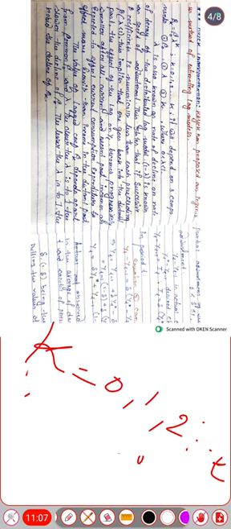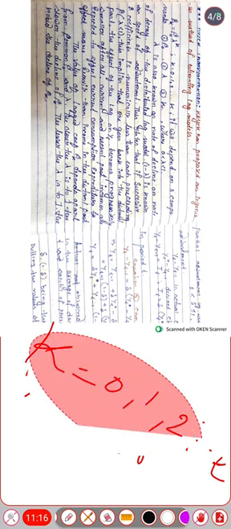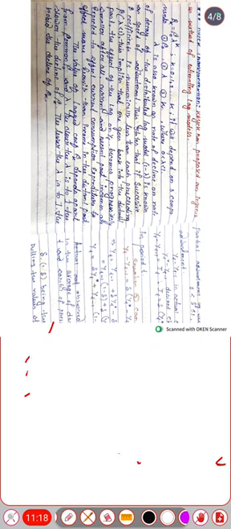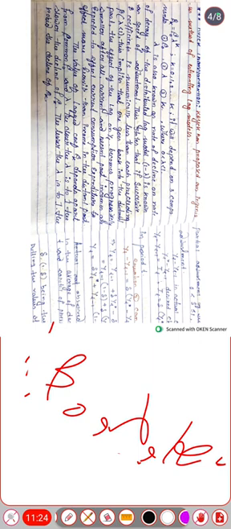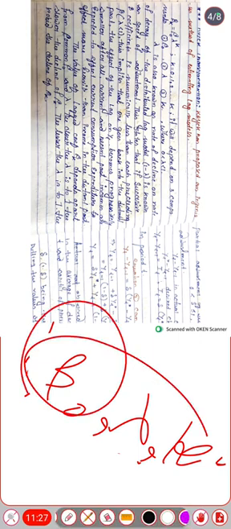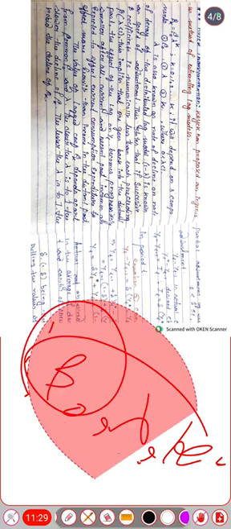The beta k value depends upon three components: first is beta naught, second is lambda, and third is small k, where lambda is between 0 and 1.